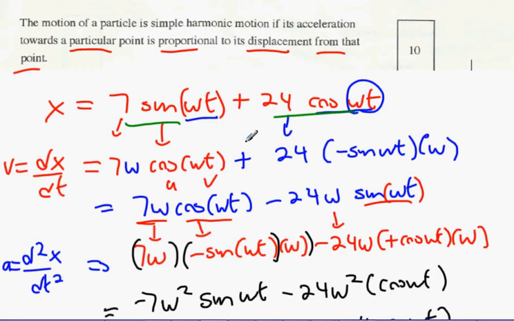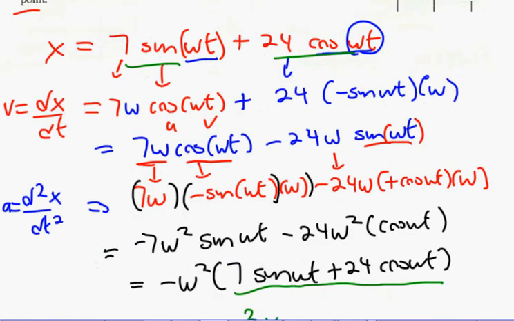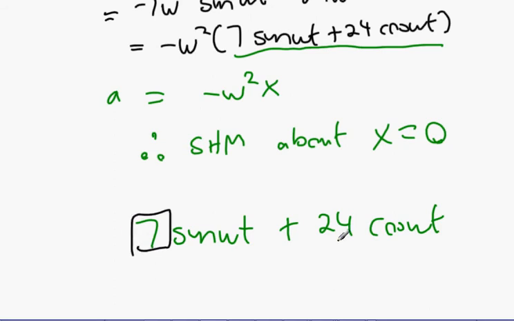And they both have maximums. I'm going to get the amplitudes of both individual parts. So look, if you were to say 7 sine omega t plus 24 cos omega t, technically speaking, 7 and 24 are the amplitudes of the two different components.